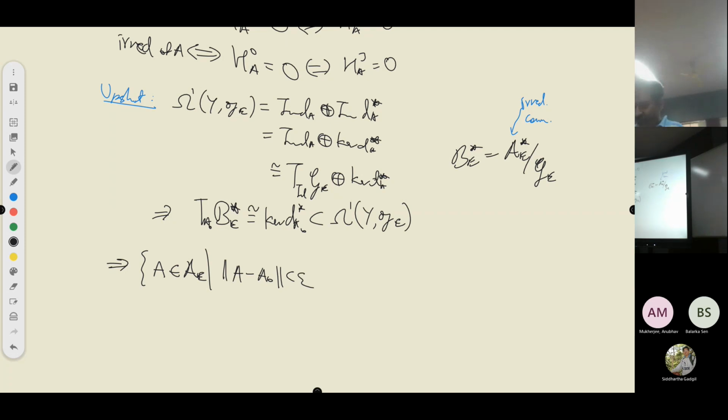And we ask that d_{A naught} star of (A minus A naught) be equal to 0. So this is a chart near the connection A naught, and this is typically referred to as the Coulomb gauge fixing condition.